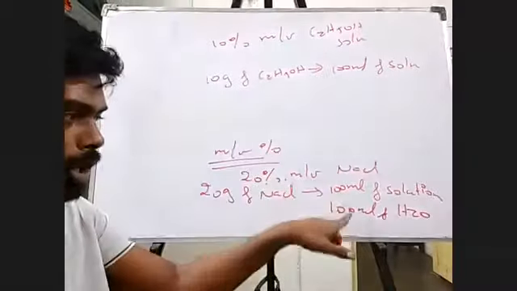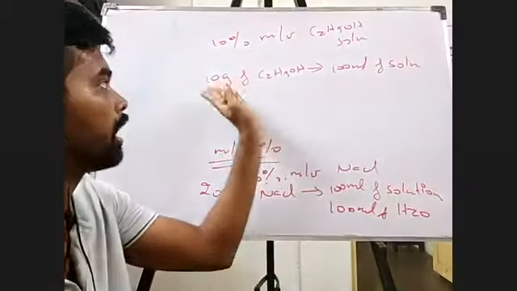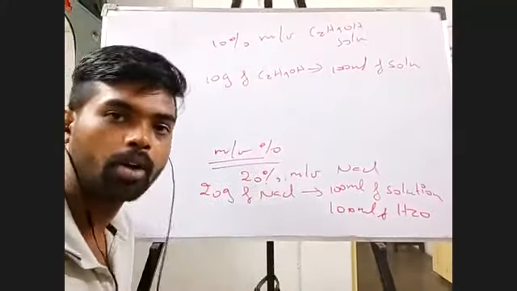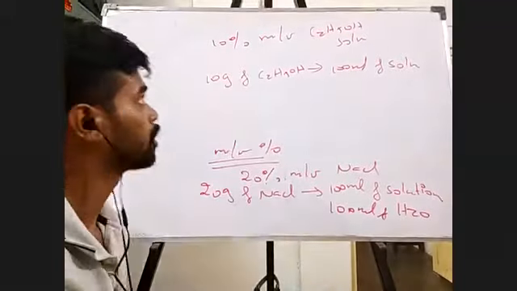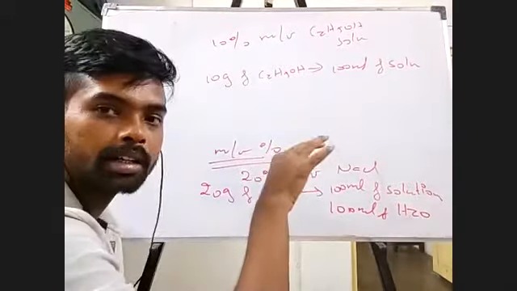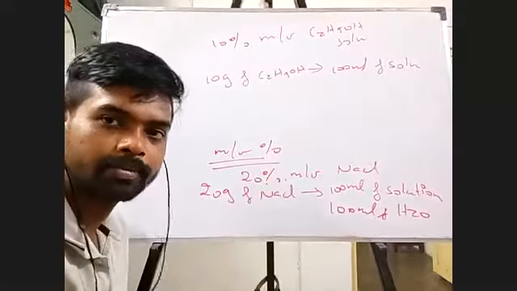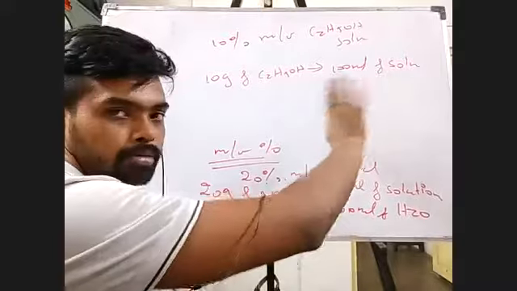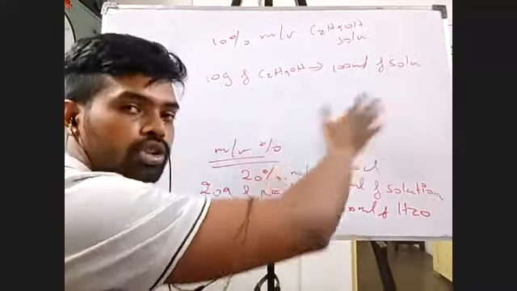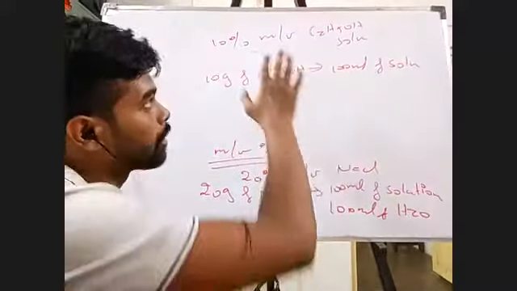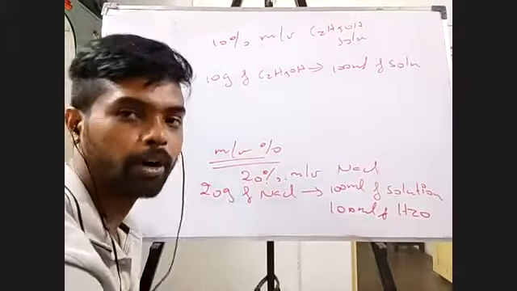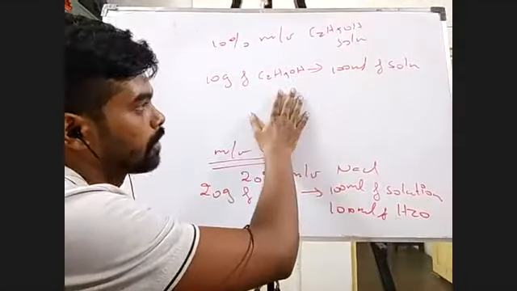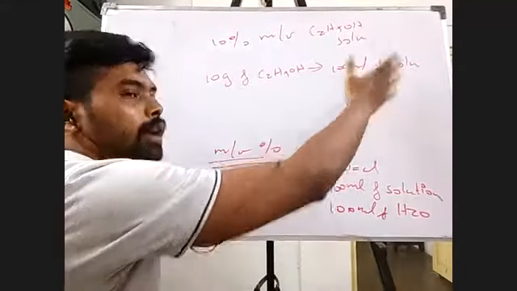Now in this case, I cannot write 10 grams of C2H5OH dissolved in 100 ml of water, because both ethanol and water are liquids. So I cannot say 100 ml of water alone. It is going to be 100 ml of solution only, because C2H5OH is in liquid form. So this is how I say 10 grams of C2H5OH in a total of 100 ml of solution.